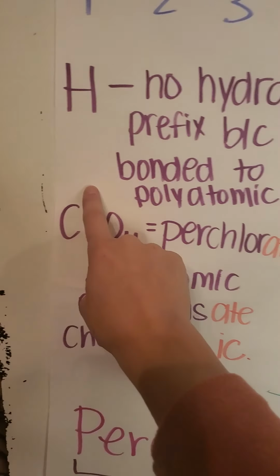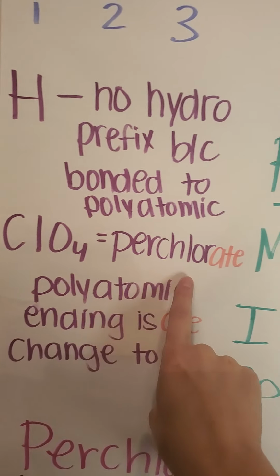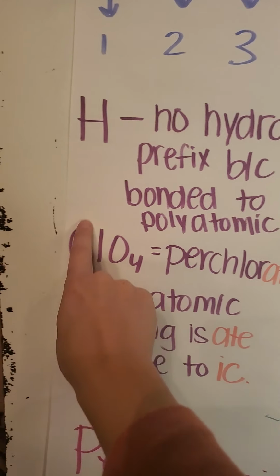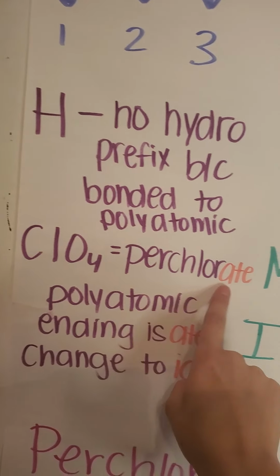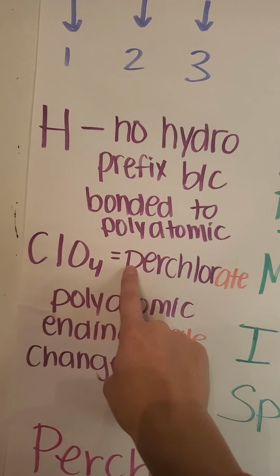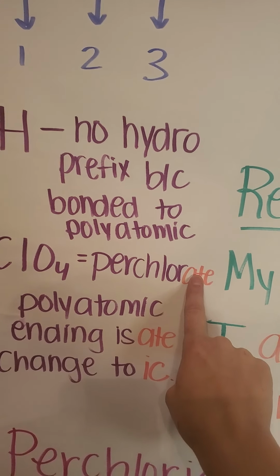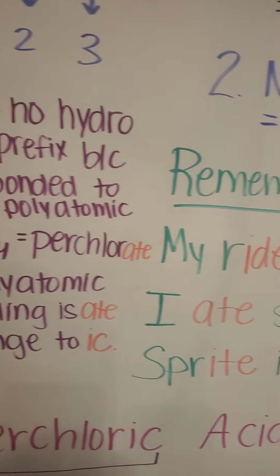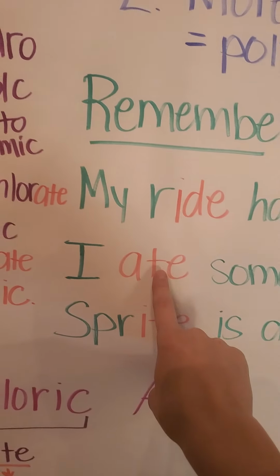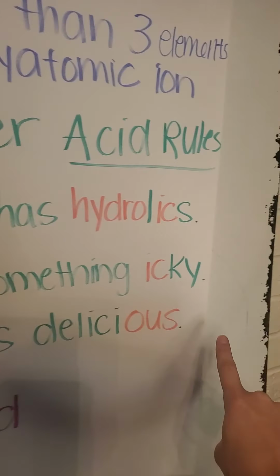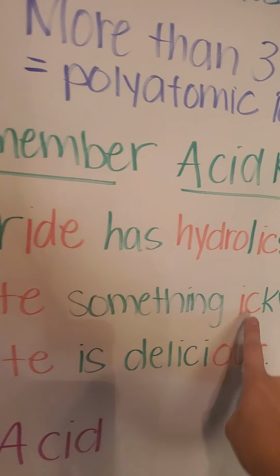Okay, so if we're looking at this group, this is perchlorate. You have chlorine and 4 oxygens. That whole group is a polyatomic, and it's called perchlorate. So since it has the ending ATE, we know we're going to change this ATE to an IC.